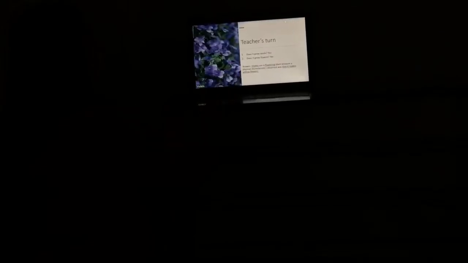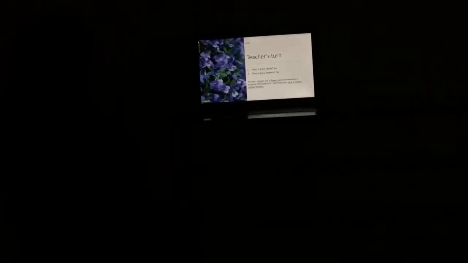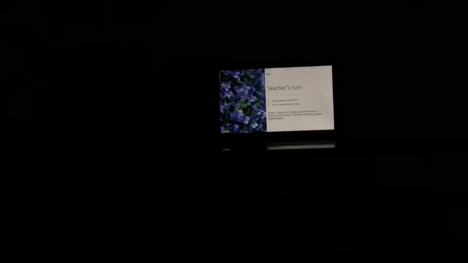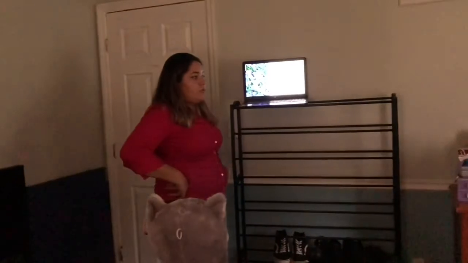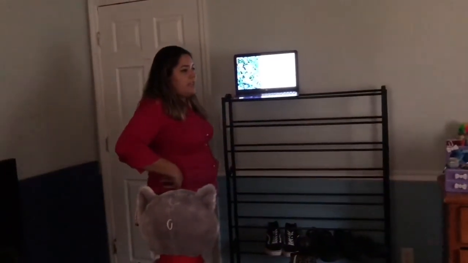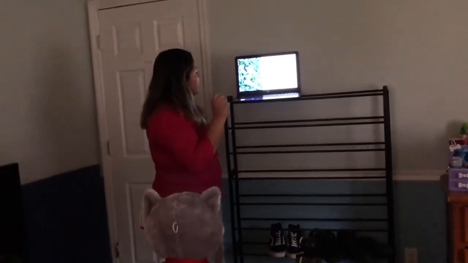So let's classify plants. The first one I'm going to show you how I classify. So this is the picture of the plant I need to classify. One question I need to ask myself, does it make seeds? Does it grow seeds? Well, it's a flower. Remember, flowers reproduce with seeds.